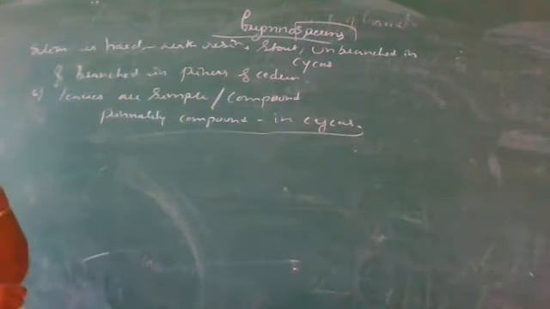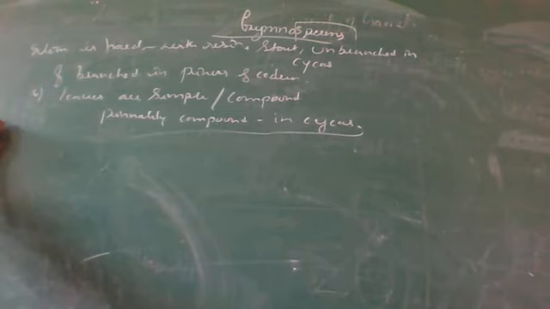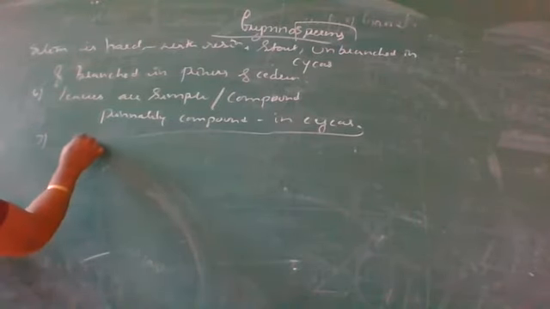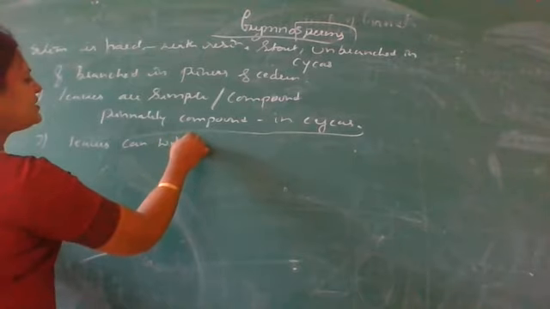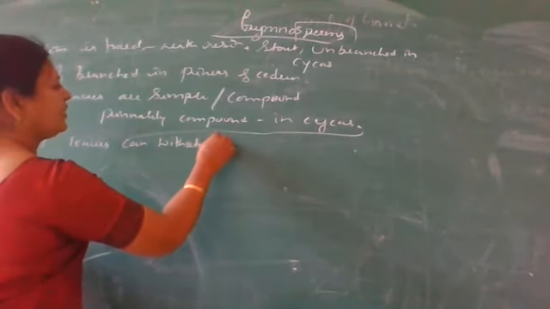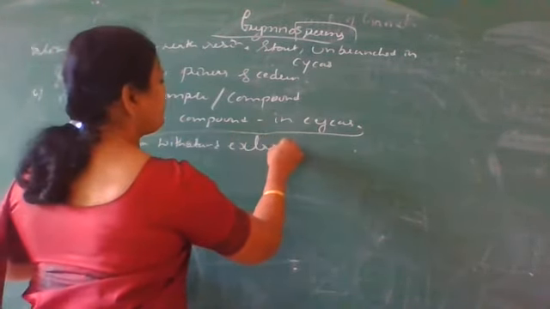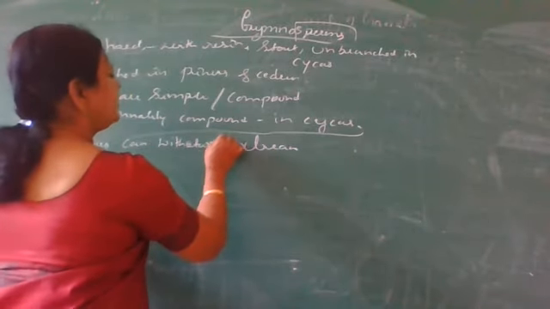Here the leaves may be simple or compound, and pinnately compound in case of Cycas. The leaves can withstand extreme temperature, humid conditions as well as resist the wind. The leaves can withstand what?